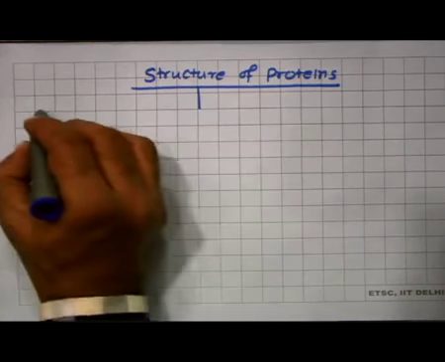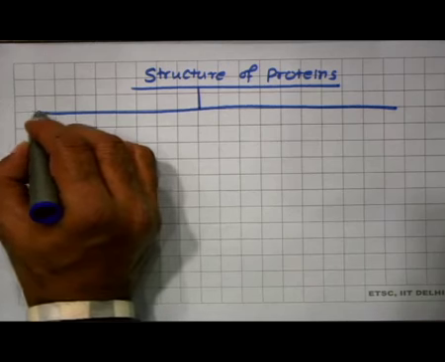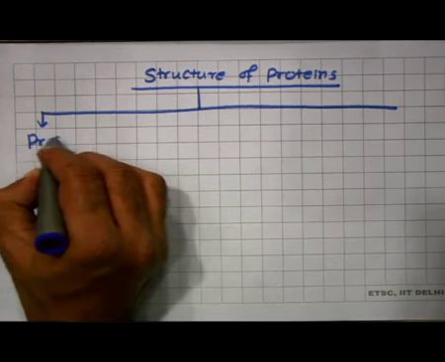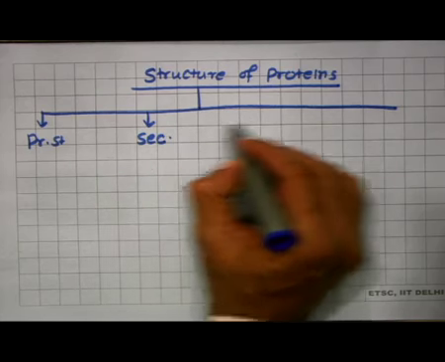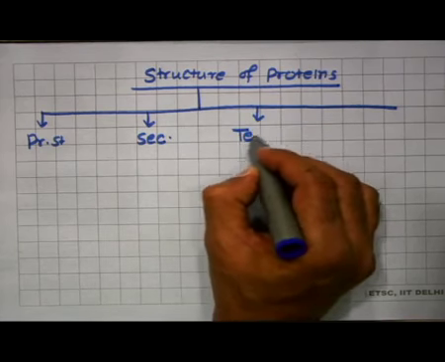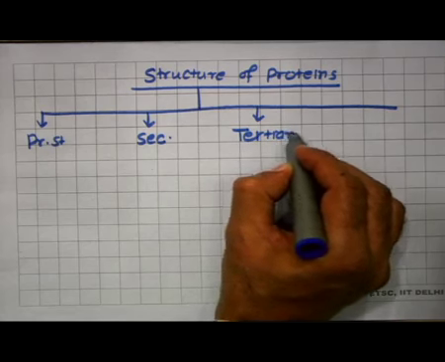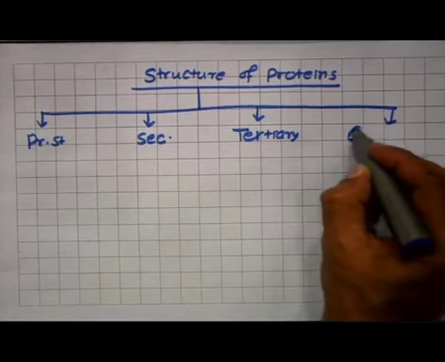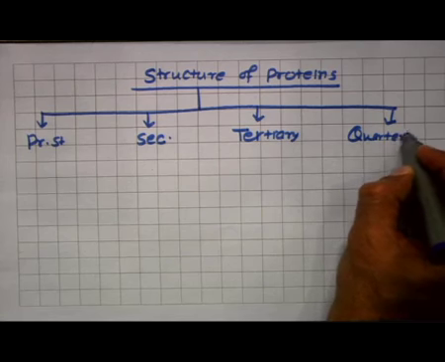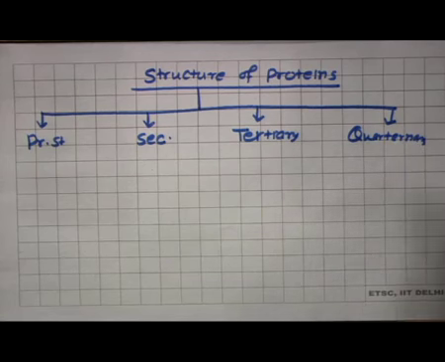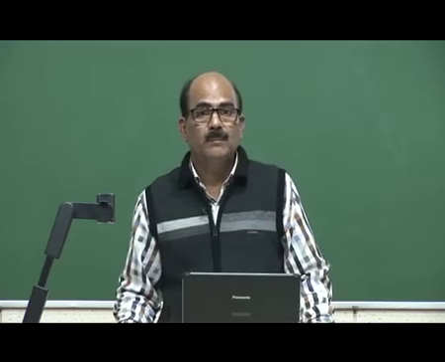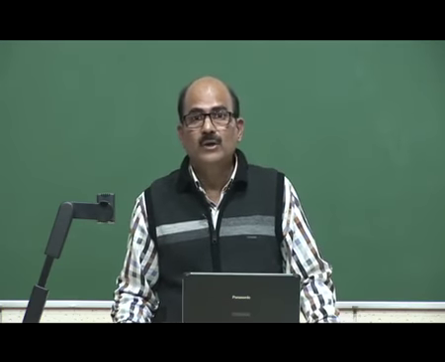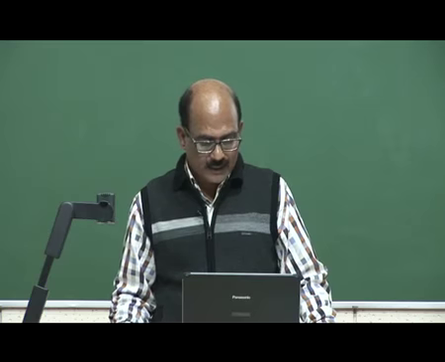On the basis of their structure, the protein has been divided into primary structure, secondary structure, tertiary structure, and last one, quaternary structure. On the basis of the arrangement of amino acids at the time of formation of peptide bonds, these 4 types are there.